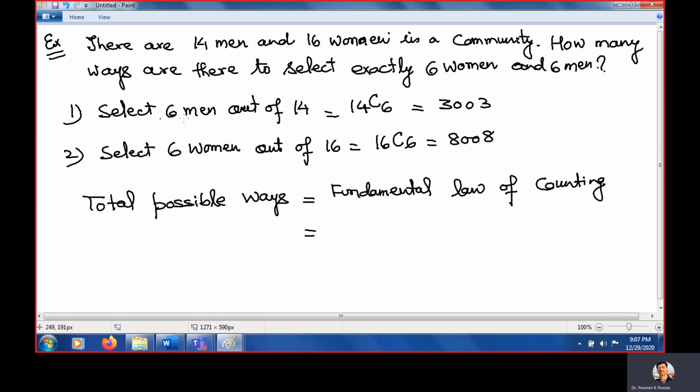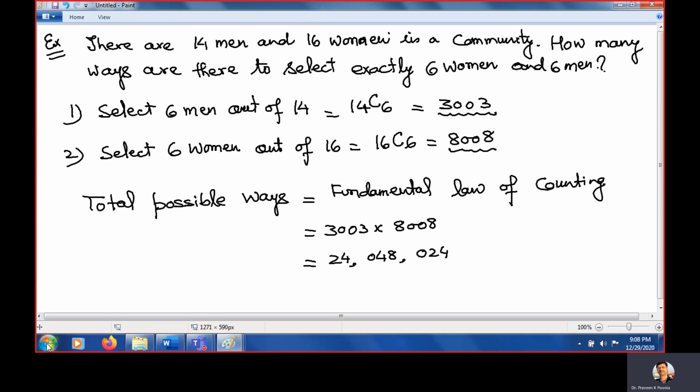If one work is done in this number of ways, another work is done in this number of ways, then the combined work will be done in this into this number of ways. And if you multiply it, you will get 24,048,024. This is a big number.